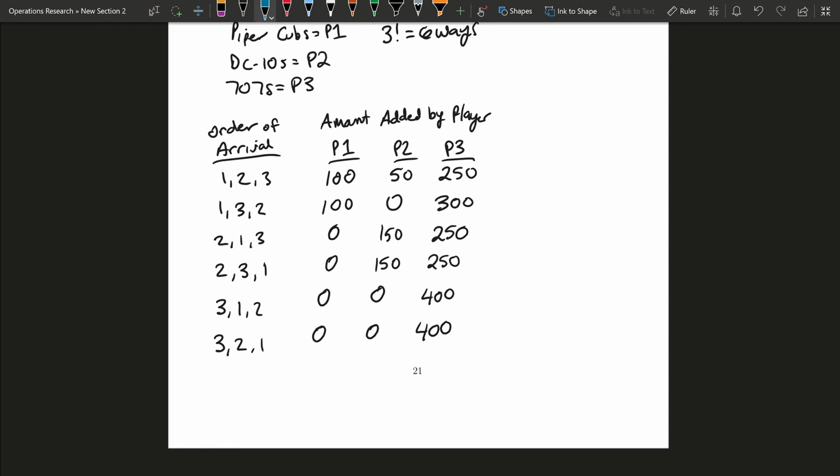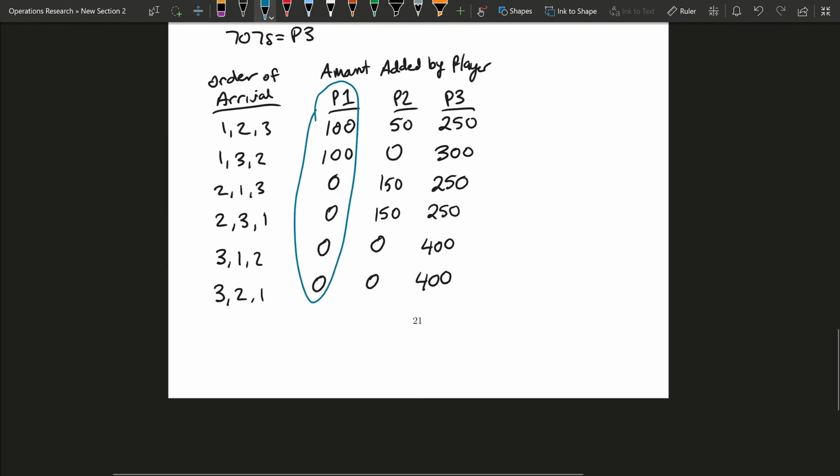So now we're going to do that same thing here where we break down each of these columns by the sum of each of the values in the column divided by the total number of rows. So for player 1, we're going to have x1 equal 100 plus 100, or 200, over 6, which in dollar form is just going to be 33.33.